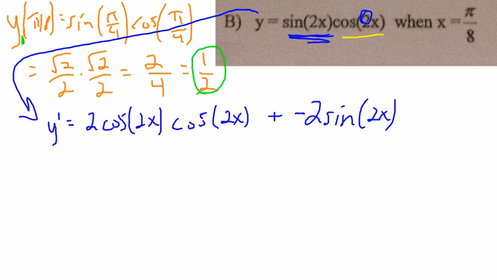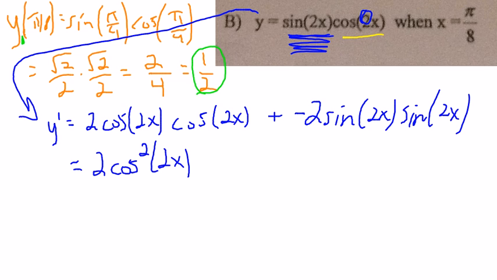And then I multiply it by the first, which gives me sine of 2x. So from here, you should pretty clearly see that I have 2 cosine squared of 2x, because cosine squared is when I take a cosine of something and multiply it by the cosine of the same thing, minus 2 sine squared of 2x for the same reason.